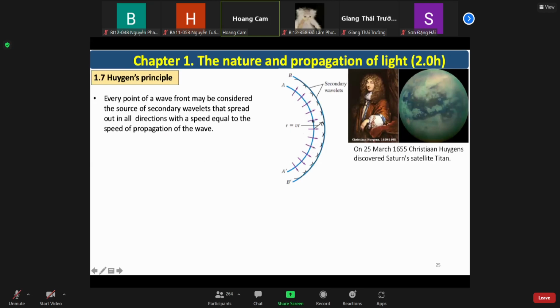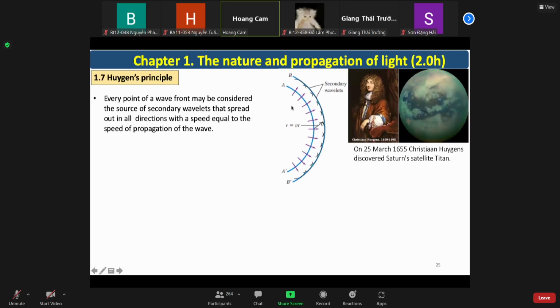That means this point will generate a new wavelet, and that spreads in all directions with a speed equal to the speed of propagation of the wave. So if the wave has speed v, each point on this wavefront will spread a new wavelet, or new wavefront, with the velocity v as well.